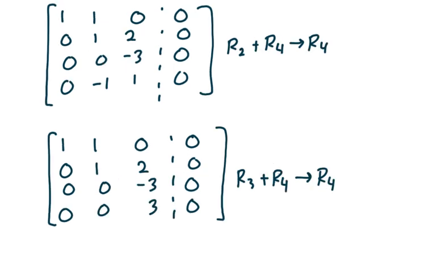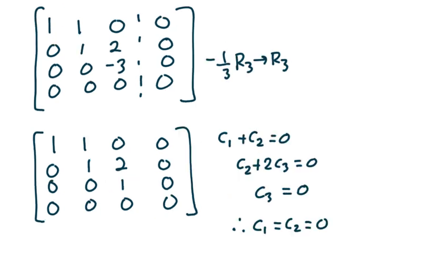I'm taking my time here to let you absorb this. I arrived at this matrix, and this is in row echelon form. And from here, I wrote the corresponding system. You notice how I have a row of zeros at the bottom. And so the first equation is C1 plus C2 equals 0.